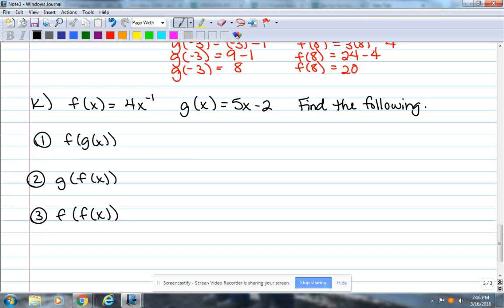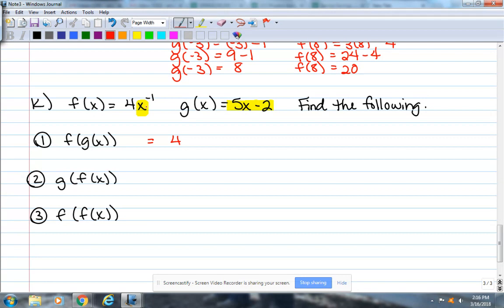Okay? So let's think about it. G of x equals this, right? So I'm going to take this and insert it in for the x right here. Okay? So I'm going to take this and put it in here. That's what f of g of x is. I take g of x and I put it into f, in for the x. Okay? So what that's going to look like is I'm going to copy the 4.